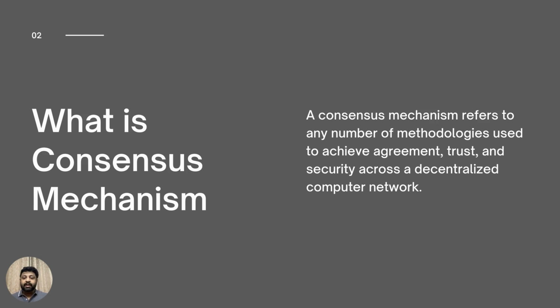The consensus mechanism comes into picture where a commonly agreed methodology is followed to choose one node or one computer which has an ability to store the data across the blockchain.